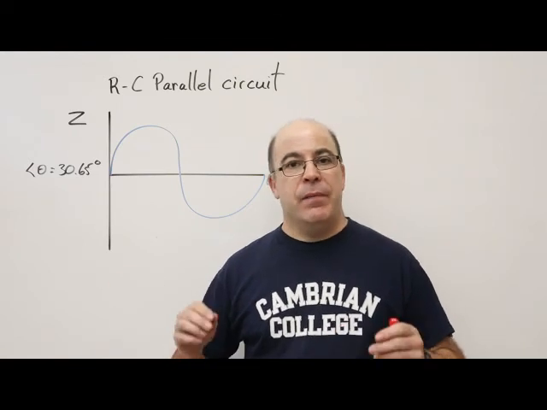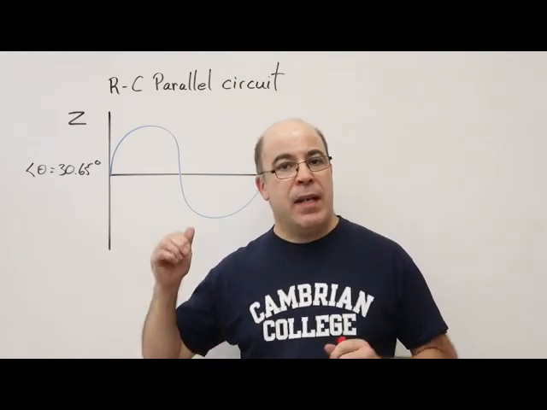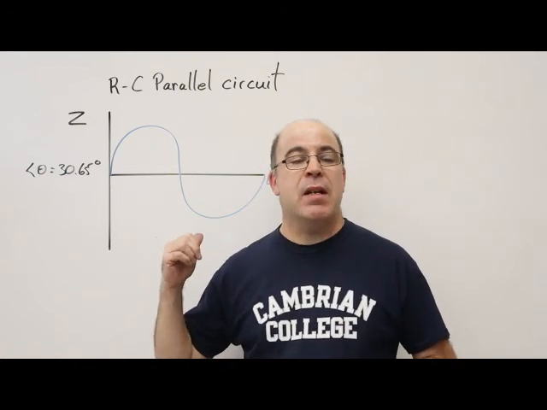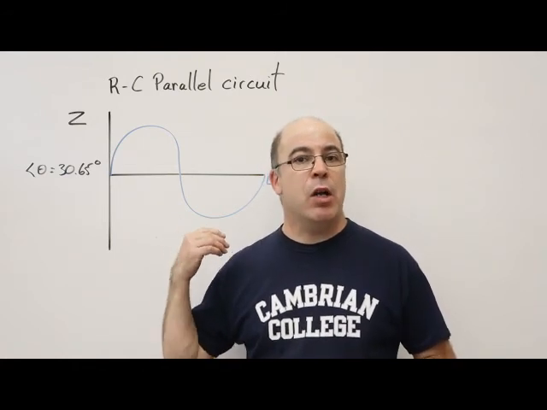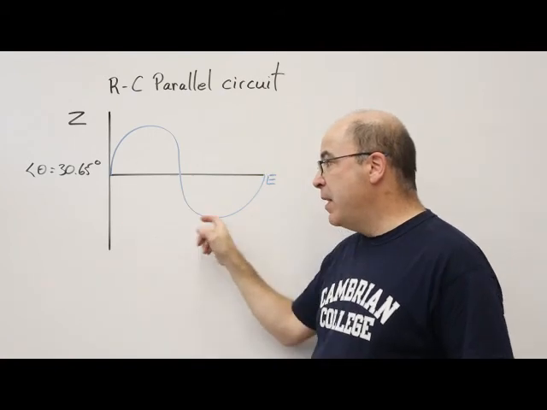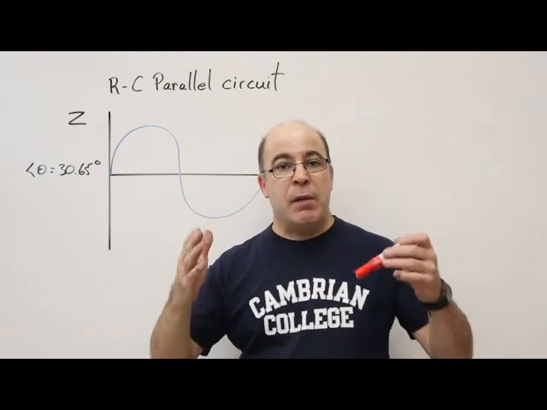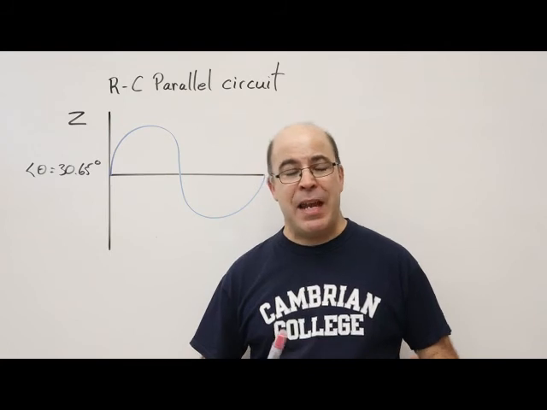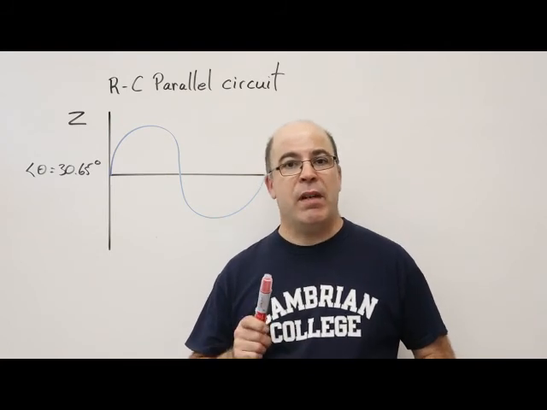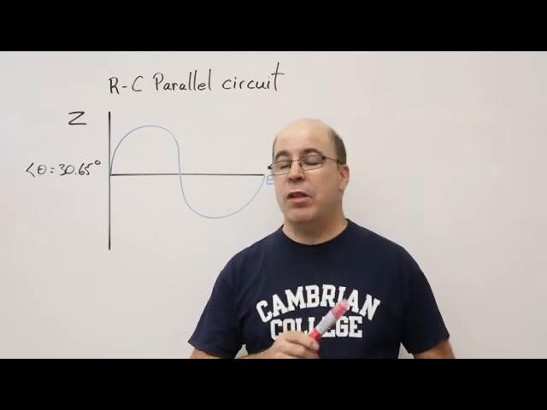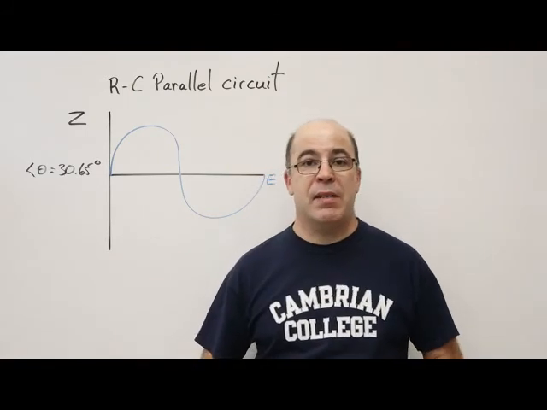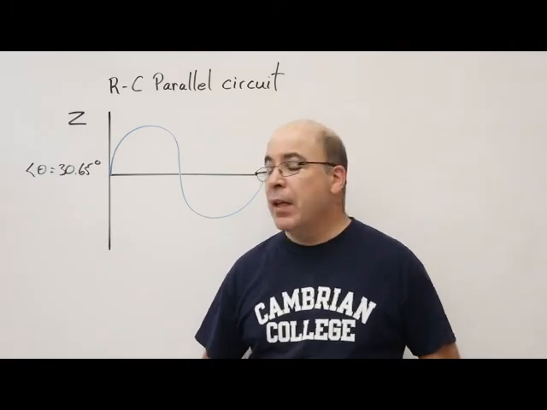Simply stated, the voltage waveform in a parallel circuit is going to be the fixed waveform, or it's a constant. It will always be in the same location if I was to use an oscilloscope to examine this. And it is the current waveform that changes in relation to the fixed or stationary voltage waveform.